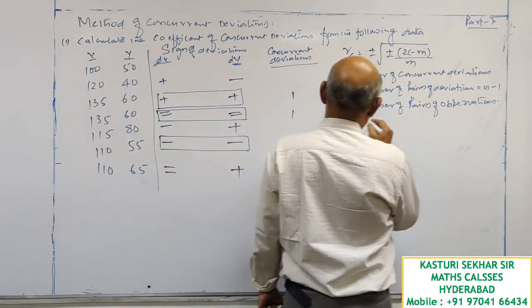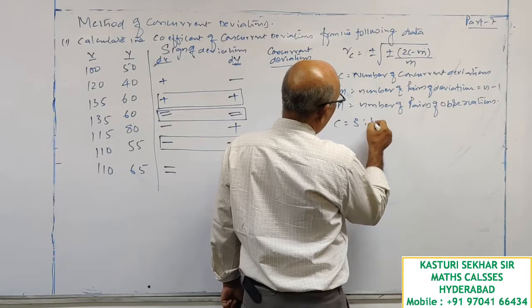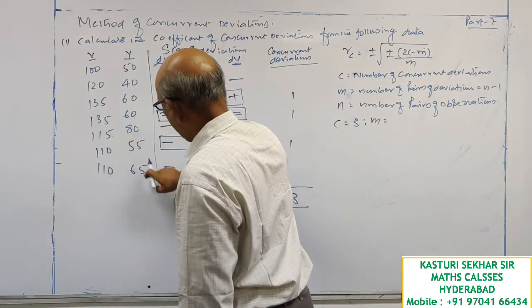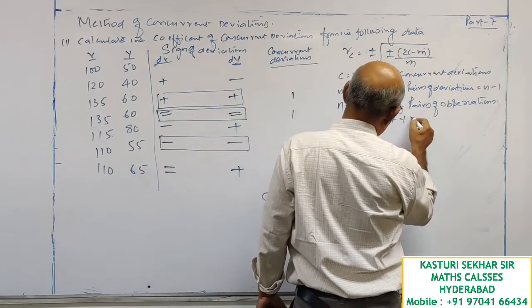So here C is equal to 3, M is equal to 7 minus 1, 6.